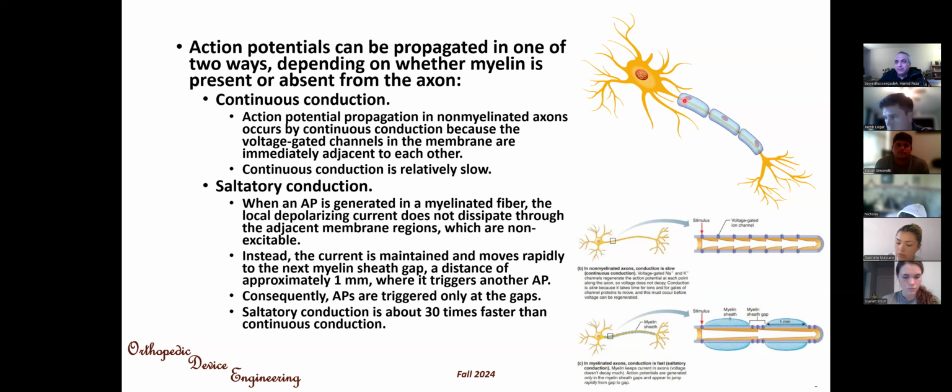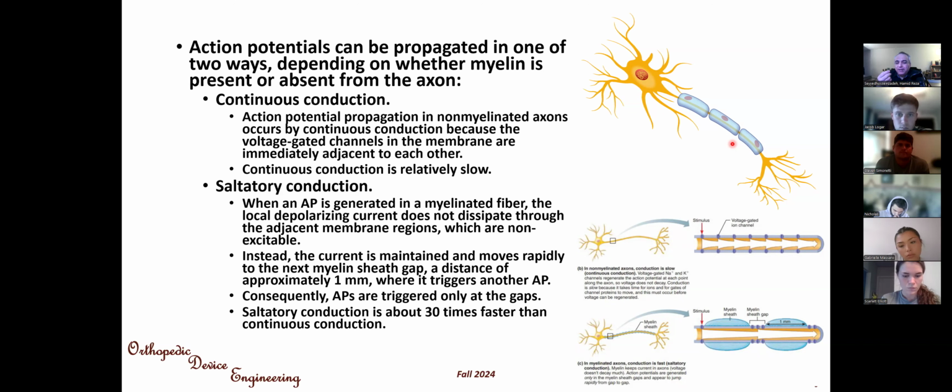The length of these parts of the myelin is usually 1 millimeter. So there are gaps 1 millimeter by 1 millimeter along the length of the axon. This myelin sheath is made of lipid because it's formed by the plasma membrane of the cells.